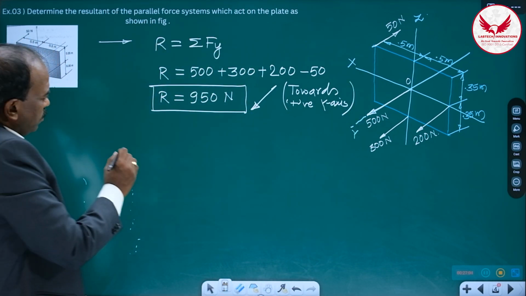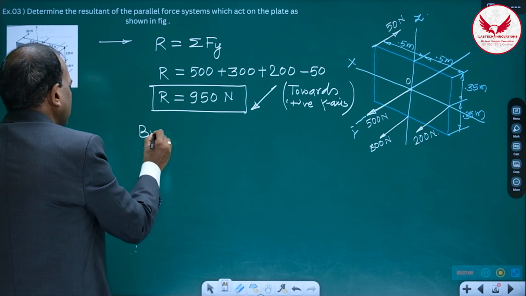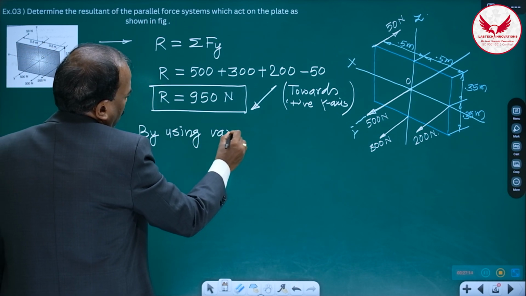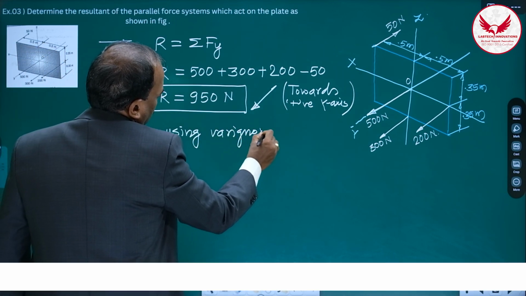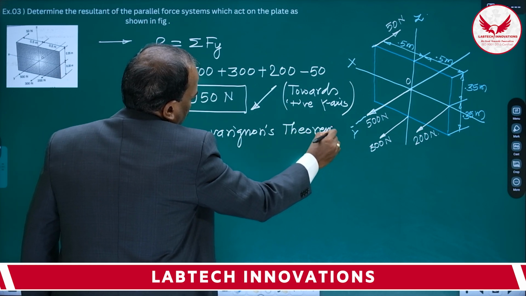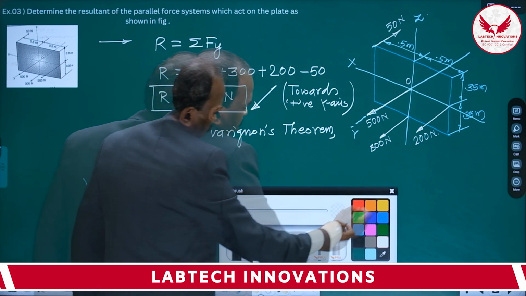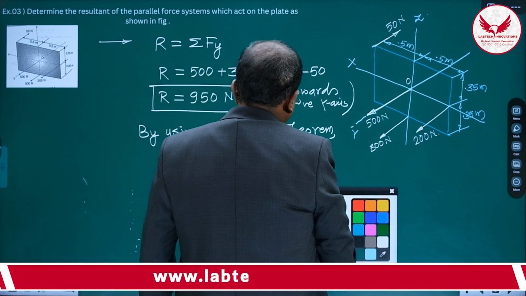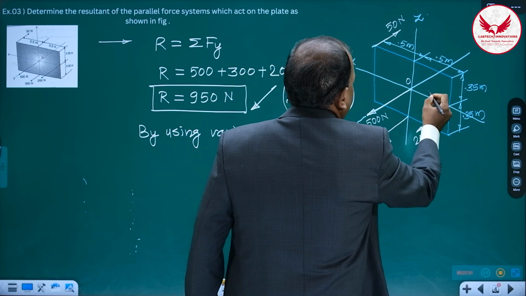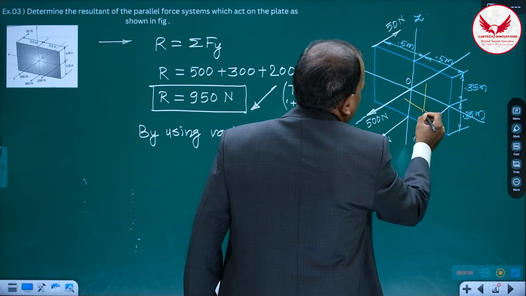And for getting its point of application, by using Varignon's theorem. Then for using the Varignon's theorem, what we have to do? Just see it. So the major forces are in this quadrant. I feel the resultant will lie somewhere in this quadrant.